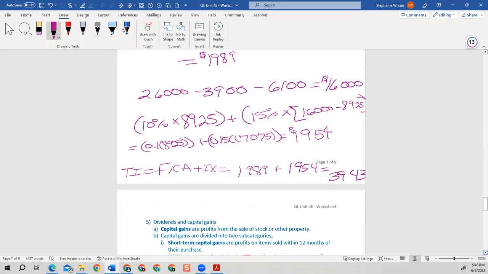Now we're going to do the overall tax rate. So that's going to be the total tax divided by the gross income. So we got 3,943 divided by 26,000, and we're going to multiply it by 100%.